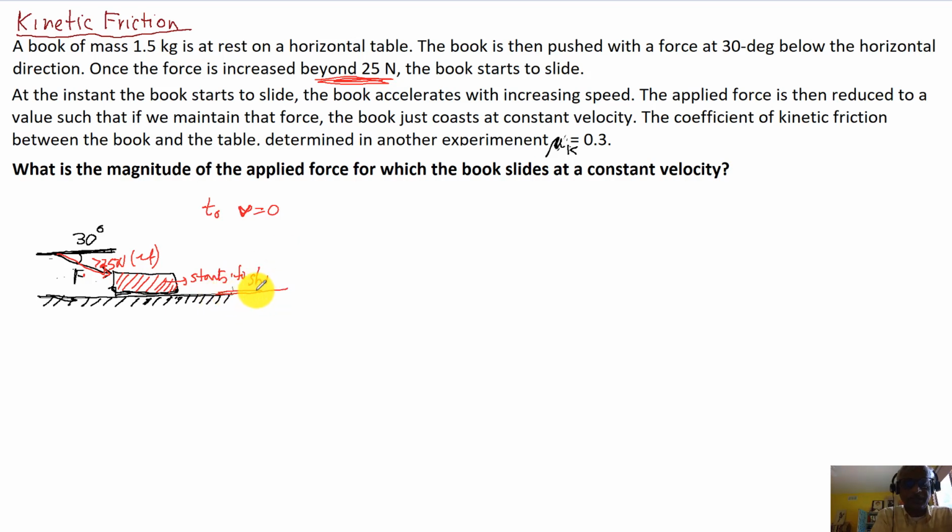So you can say that this table is very long, and clearly it was V equal to 0, and this is V not equal to 0. So it slides. So all this time acceleration is 0, but while keeping the direction same, you reduce the force.